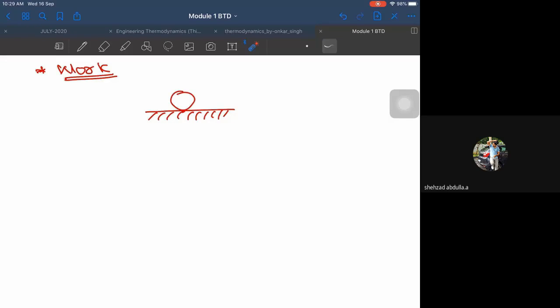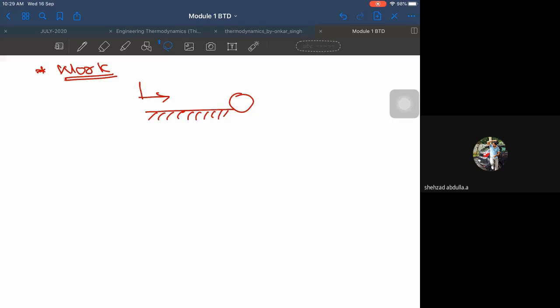No. So when do you say the work is done? When a force causes a motion. Exactly. So if I apply a force onto it so that it starts rolling, starts moving around like this, then you can say the work is said to be done.